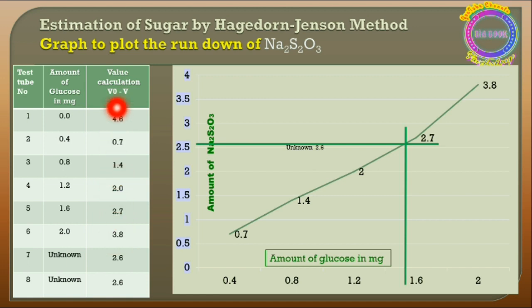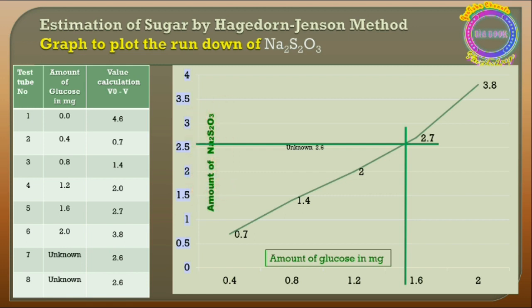So these two columns we are going to consider and plot. In this graph we have plotted these values. To the x-axis we have given the amount of glucose in mg, and against the y-axis we have given the run-down of the sodium thiosulfate.